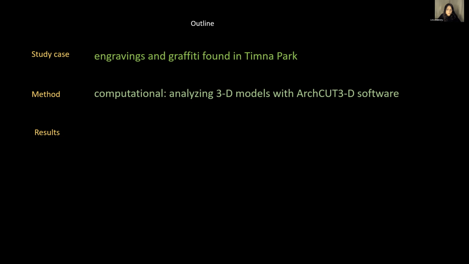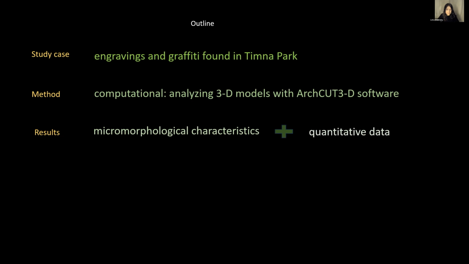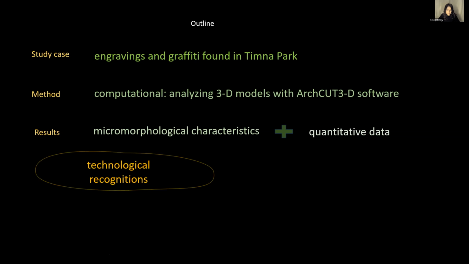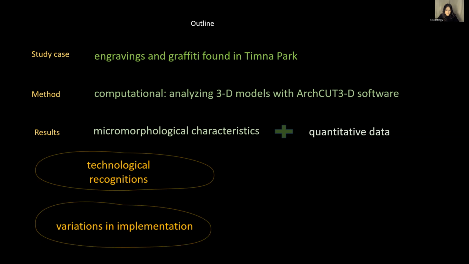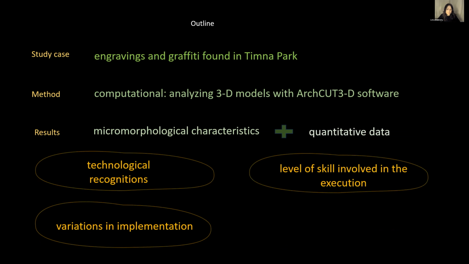As a result, I will show how micromorphological characteristics, together with computational data, can lead us to technological recognition and to understanding of variation in technique implementation. I will also show that through computational data, we can make assumptions about the level of skill involved in the execution and even hypothesize about the possible geographical origin of the individuals or communities that produced the engravings.